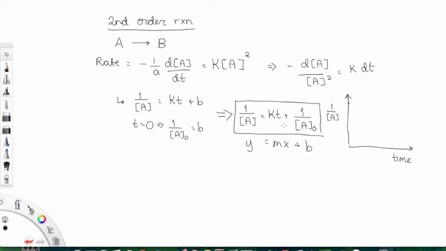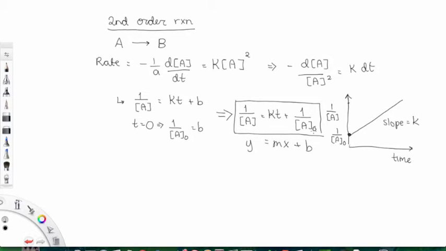But as you can see, the slope this time is positive, so let's put 1 over A0 right here and give it a positive slope. Now the slope is k. If the straight line fits the data, then the second order reaction will have the slope of k.